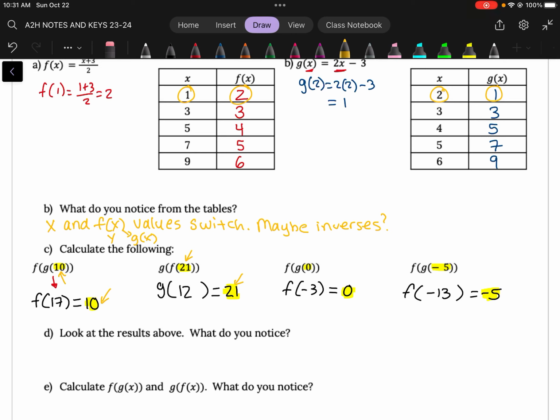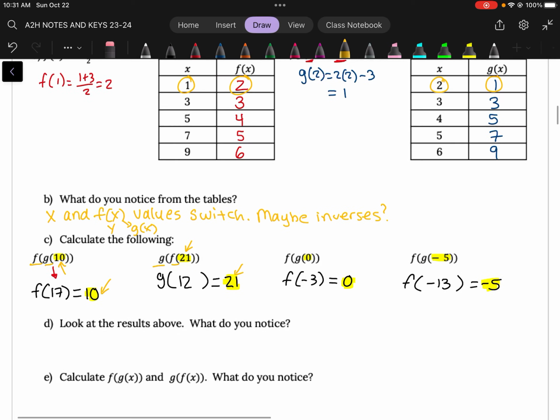Plug in 21 as the original, you get out 21 at the end. Notice how we also had some of these that were f of g of a number and some were g of f of a number. So the original input is always the output.